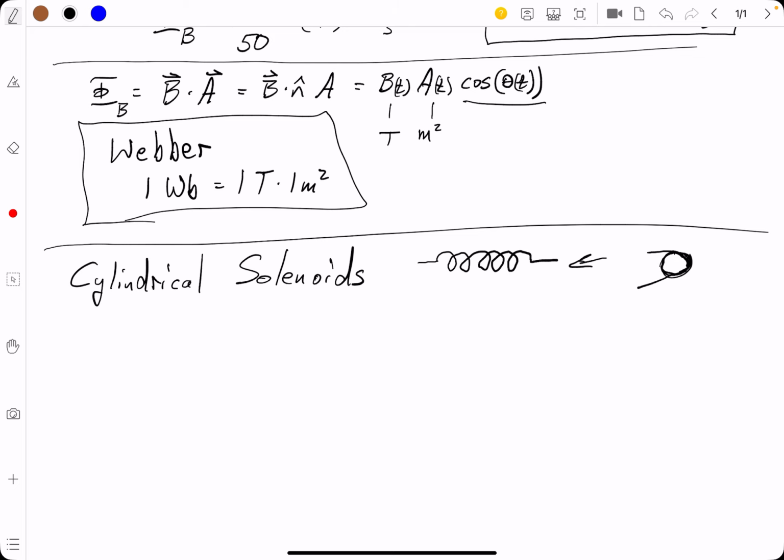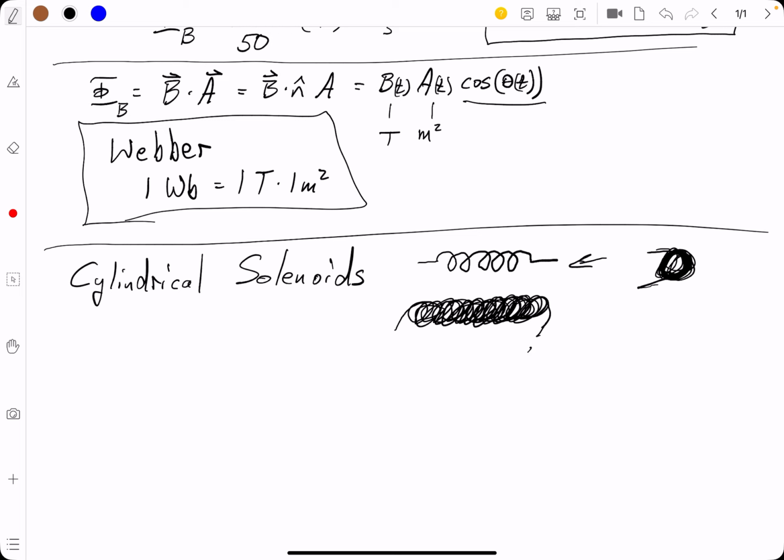But usually things aren't perfect and it looks a little bit like this, and the longer it is, the more fuzzy, right? Okay, so that's a long solenoid, or if you wanted to draw it like this, you're going to have to look down the length of it, right?